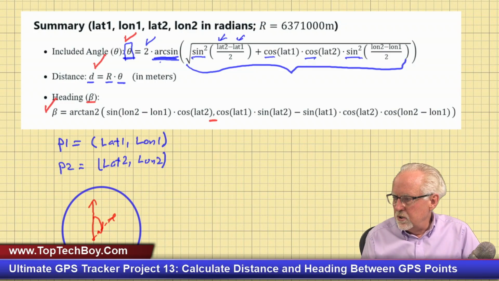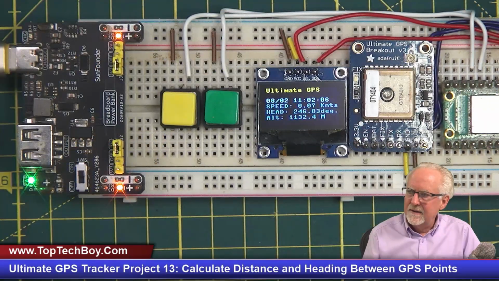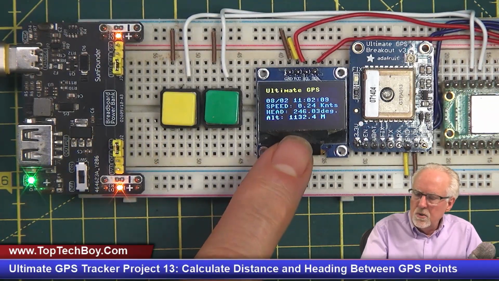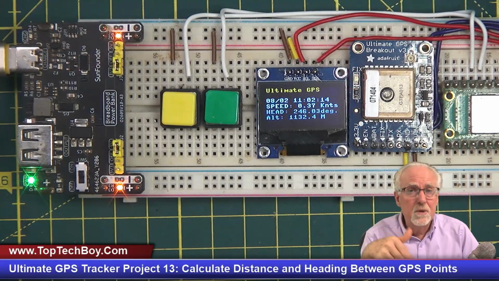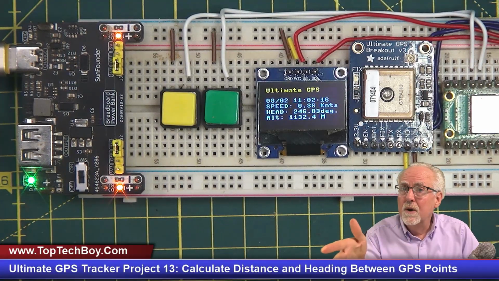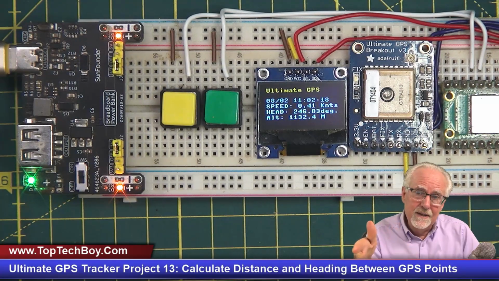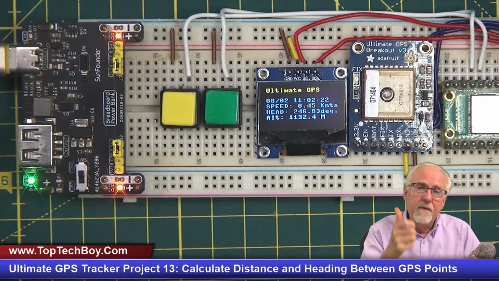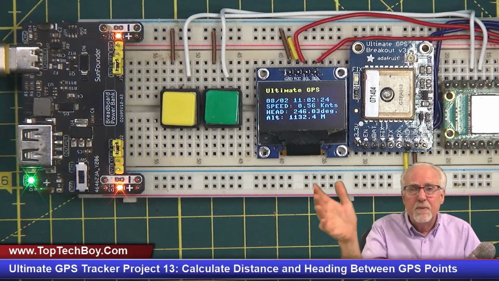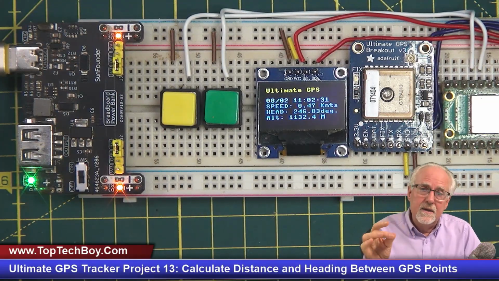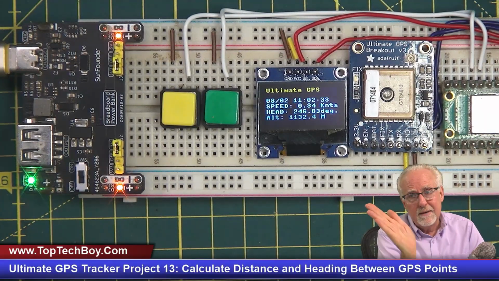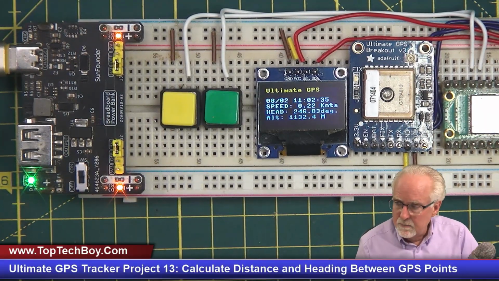And what we want to do now is add that capability to our little GPS function, because if we know where we're starting and we know where we want to go, we could calculate the distance and we could calculate the heading. Or if I press the button at point 1 and press the button at point 2, it could tell me how far apart those two points are, and it could tell me what the heading is between the first point and the second point. Does that make sense?